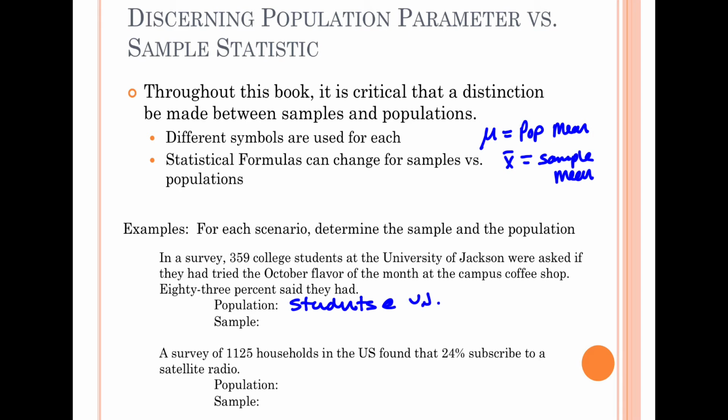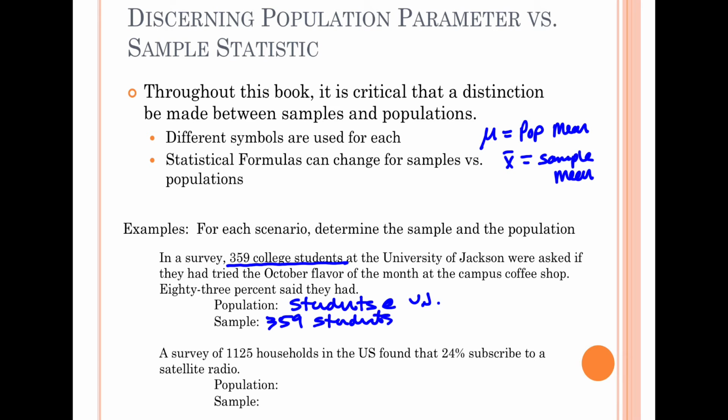And the sample would be our attempt to get an idea of how the population feels, right? So that would be the 359 college students that we talked to. So samples are always smaller representations of larger groups. And the variable here would be whether they had tried the October flavor of the month.